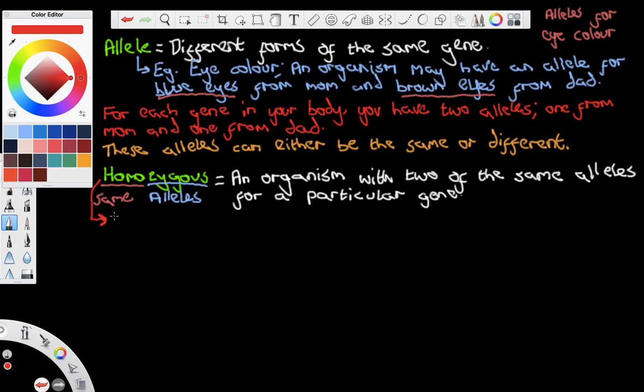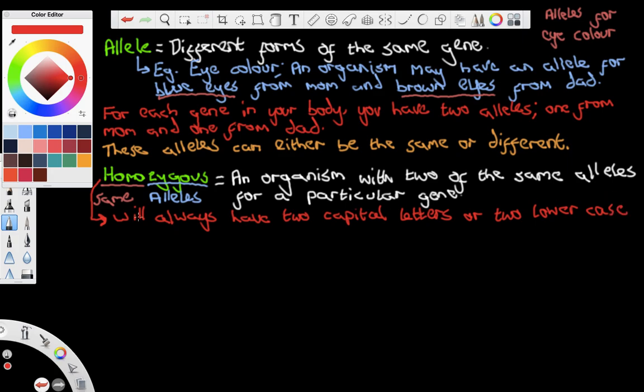So if it is homozygous, it will always have 2 capital letters or 2 lowercase letters as its genotype.